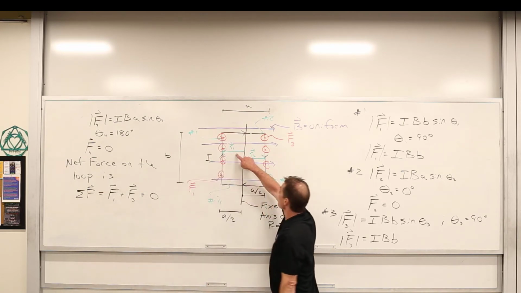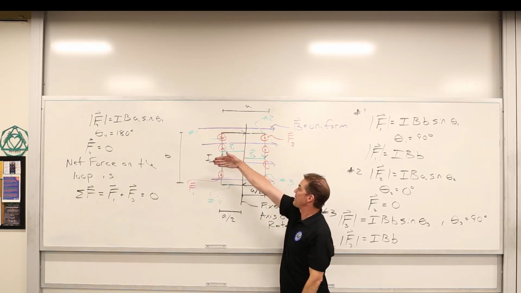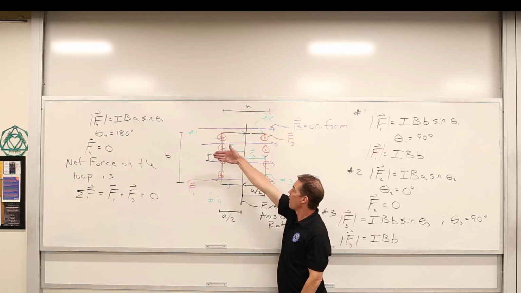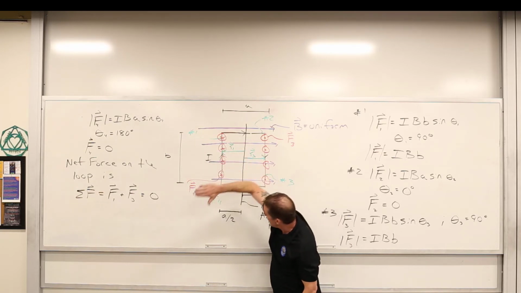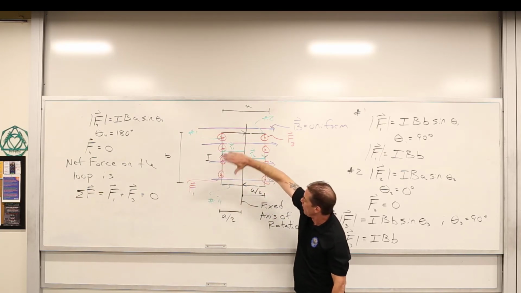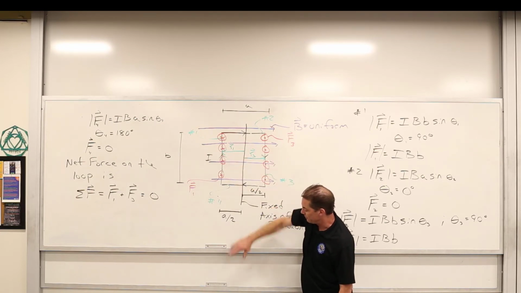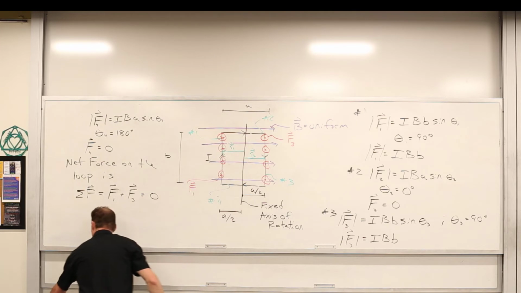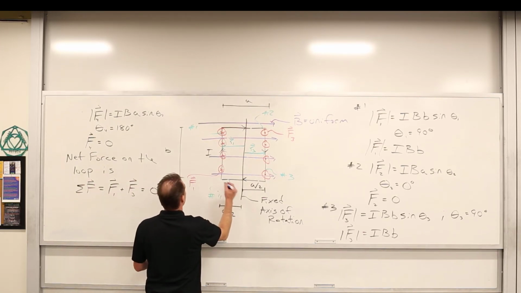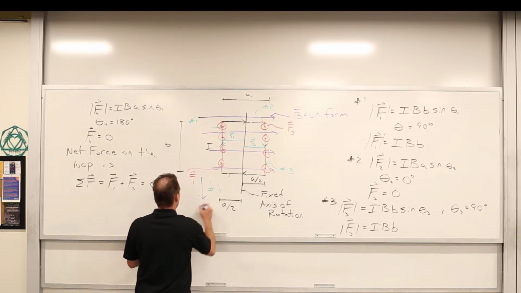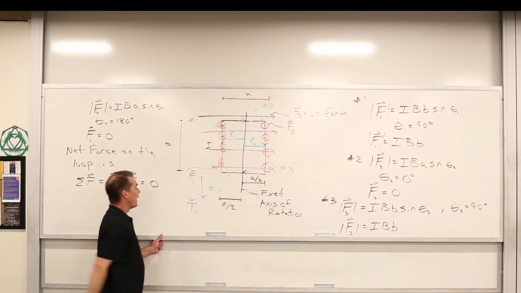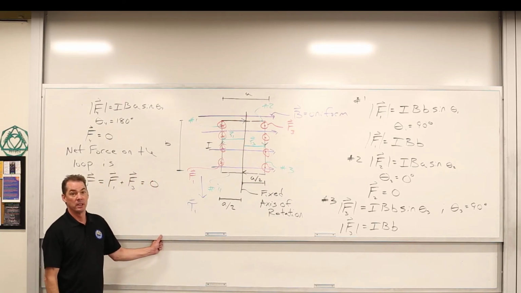The radial vector points in that direction, and the force vector points into the board, which leaves us with the torque vector being downward. So on this side, tau 1 hat is down.